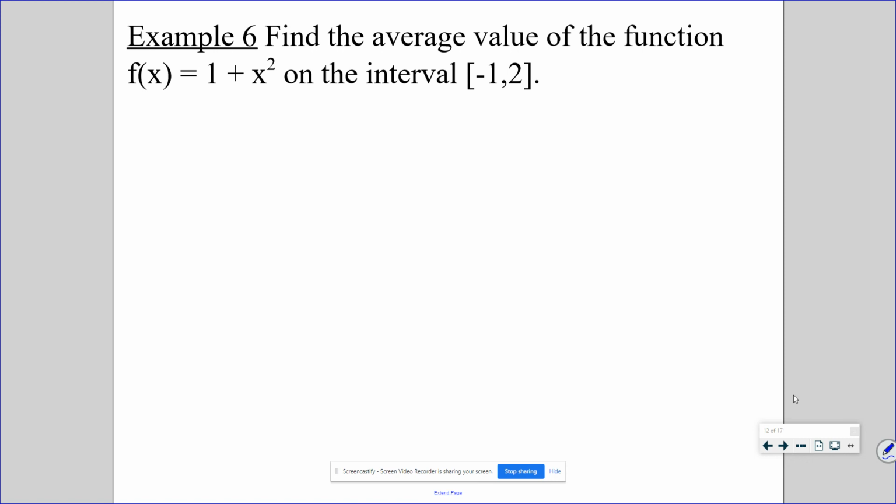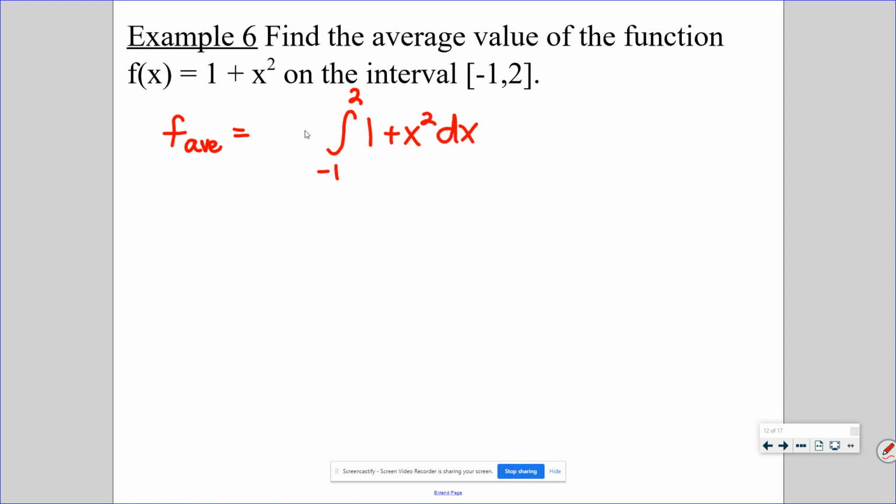So here we go. Find the average value of the function from -1 to 2. So let me start with the basics. To find the average value, AVE means average, you are going to do an antiderivative from -1 to 2 in this case.